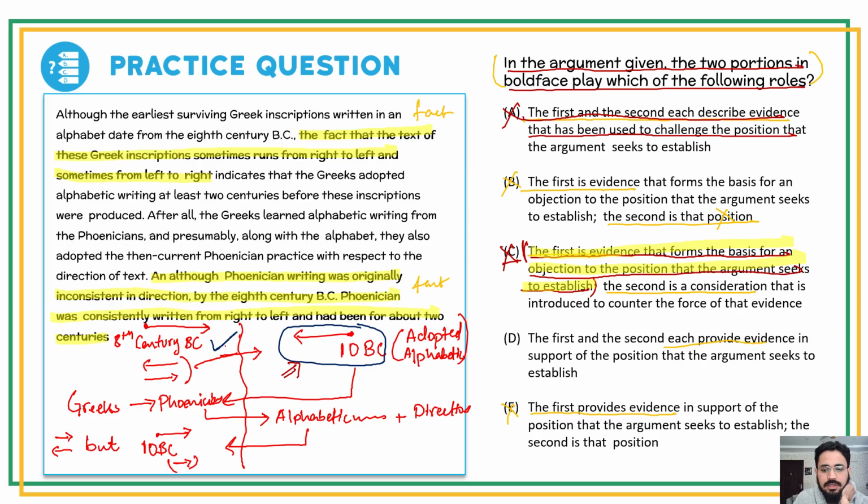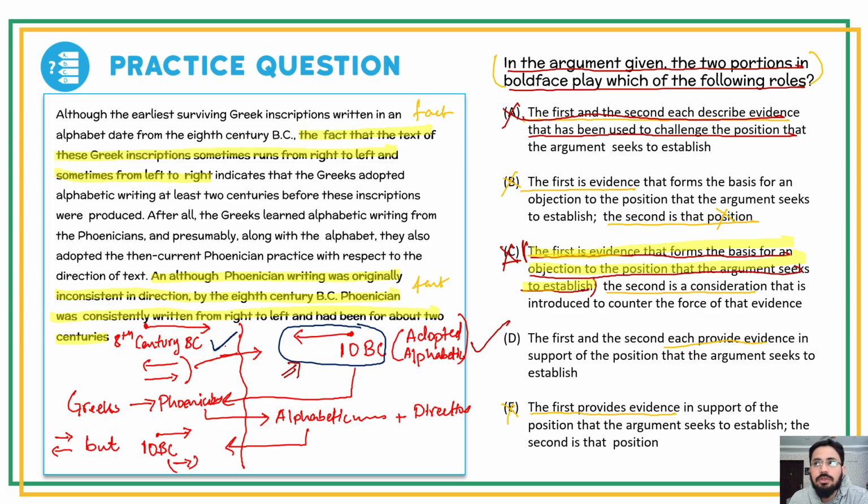Both pieces of evidence are like the foundation of the argument that the author seeks to establish. So of course it has to be D, but let's see if we can make sense out of D, and that's something I really recommend. Knowing why an option is incorrect is necessary, but so is knowing why an option is correct, right?